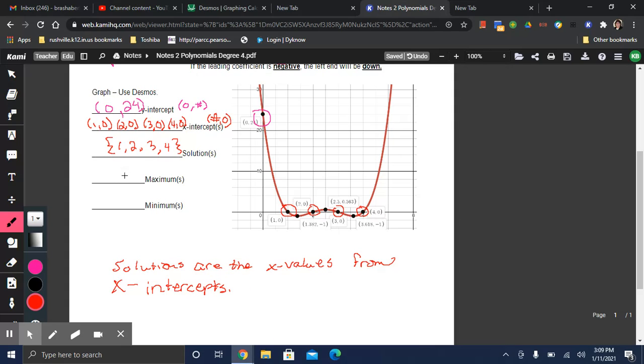And then we're looking for the maximum and the minimum values. Now remember that the maximum is where the graph has a hill. This just has one, and it's right here. It's this ordered pair, 2.5, comma, 0.563.